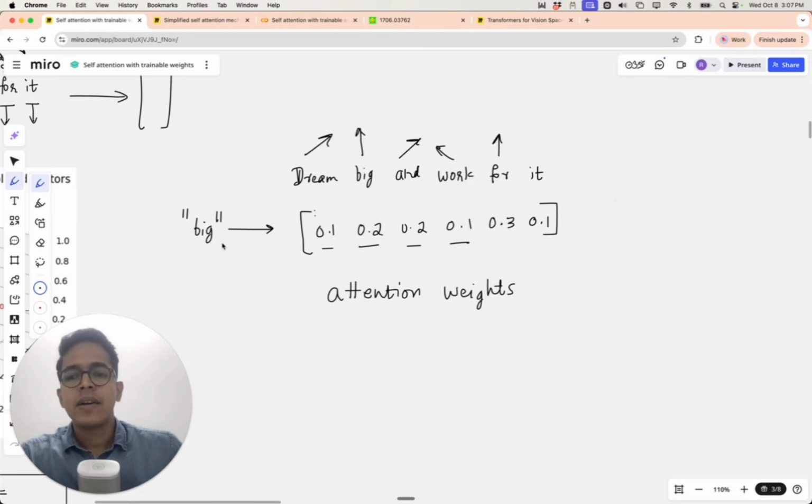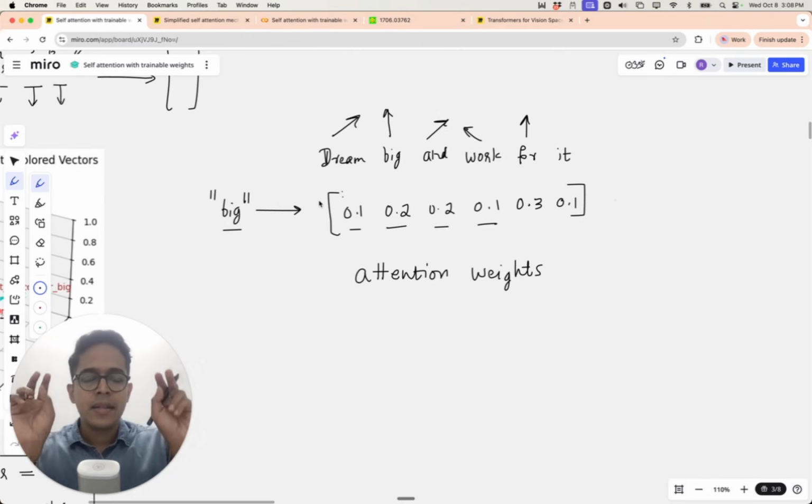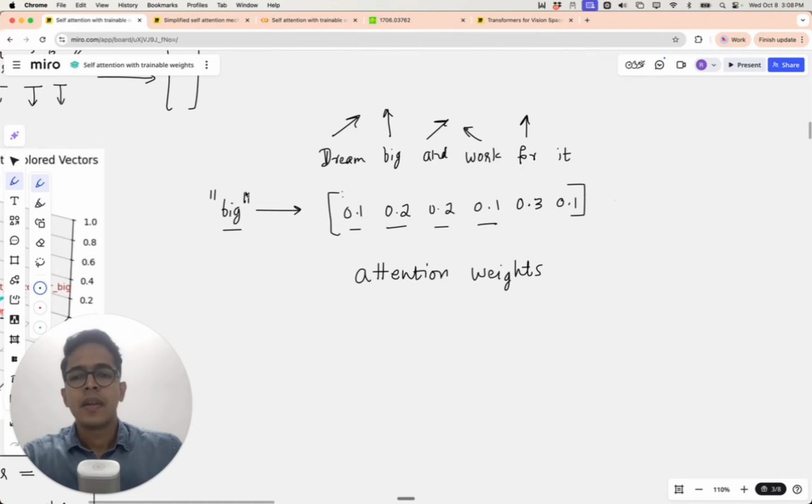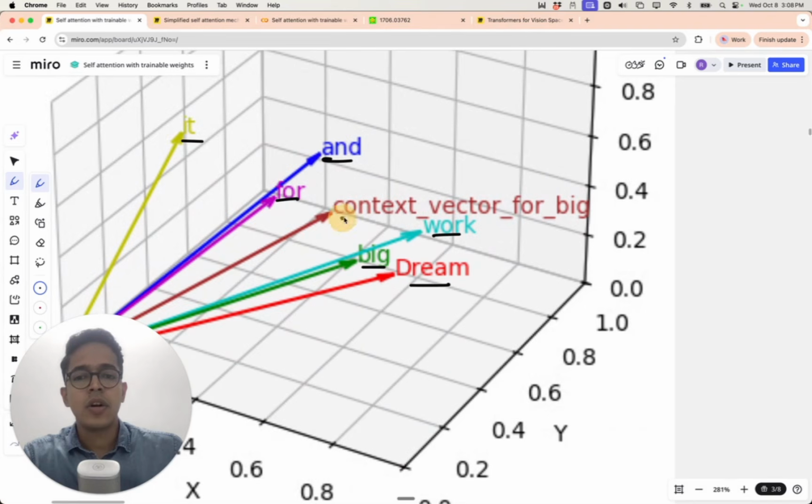That is how you get the context vector for, let's say, the word big. Similarly, if you take the row from the attention matrix, which are the attention weights corresponding to any particular query, you can take the attention weighted sum of the input vectors to get the context vector. So now if we plot the context vector here, this was the context vector for the token big, which we got at the end of the previous lecture.